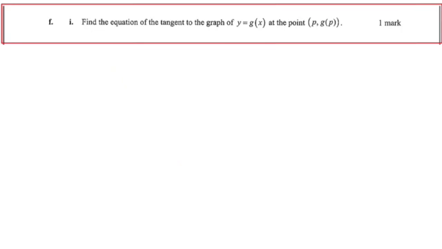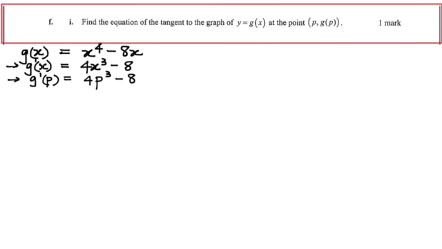Alright, next bit. F is the last part. I think there's a part 2, which is a knockout punch, but this is part 1 of F. Find the equation of the tangent to the graph of y equals g of x at the point P, g of P. That looks alright. No problem. We've got g of x in its simpler form, therefore the gradient would be that.